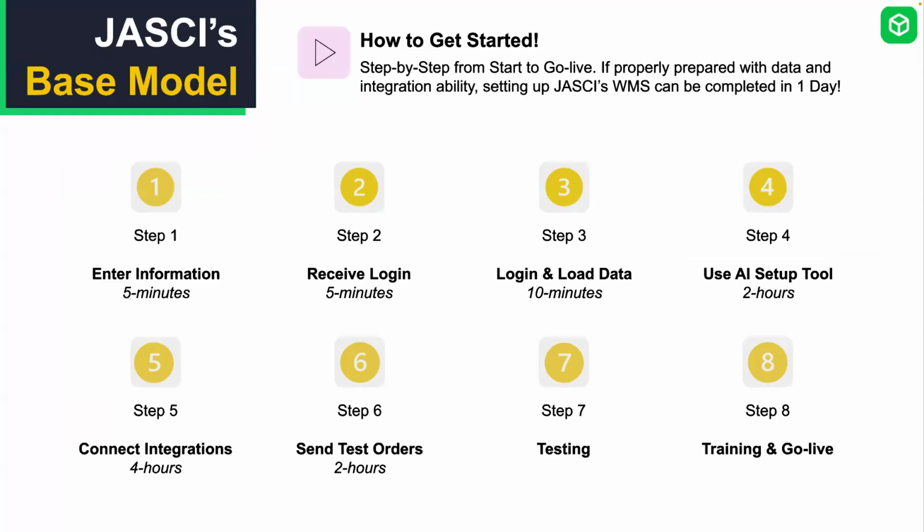So let's talk about what you need to do once you get JASCI's base model. The first thing that you would have to do is submit your information. That's going to be about your company and about your warehouse, and this is for us to factor into the setup, so you have a proper company name, company logo, etc. You'll have the tools to go in and edit that in the future if you decided that you needed to change how something is named or a description and addresses, things like that.